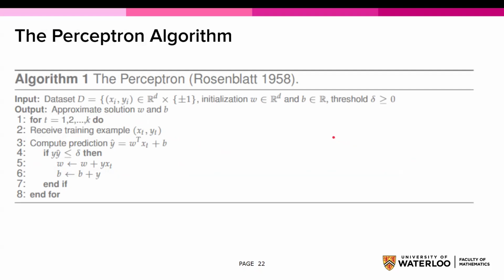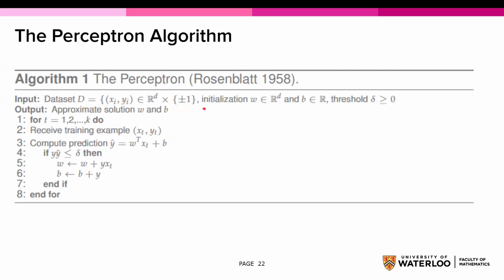So engineers in the late 1940s were interested in this online learning problem and came up with an algorithm to train these so-called perceptrons. Here I've shown the algorithm block for the perceptron algorithm. And what it says is that to use the algorithm, we provide an input data set D, consisting of both feature vectors xi and labels yi, where feature vectors live in the space R^D, and labels are either plus or minus 1.